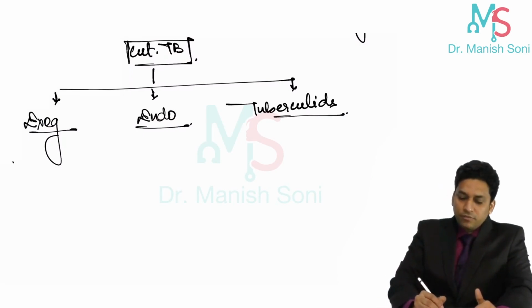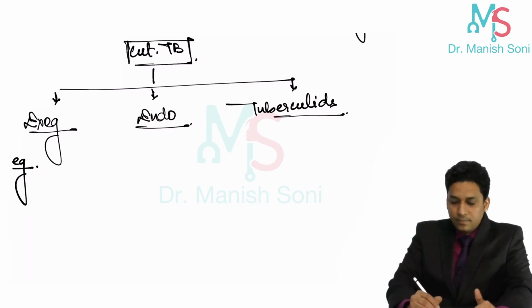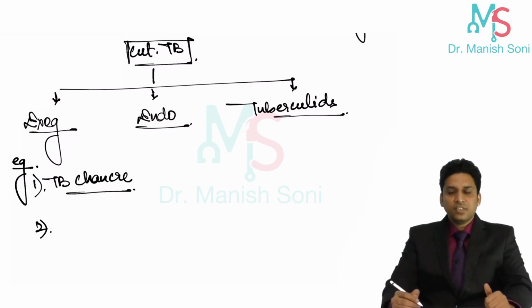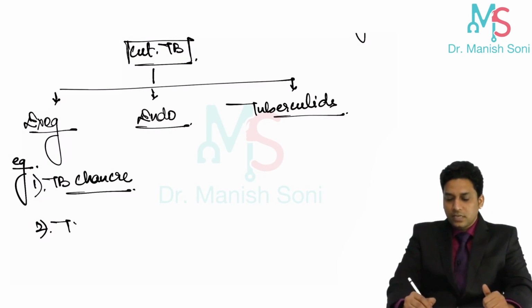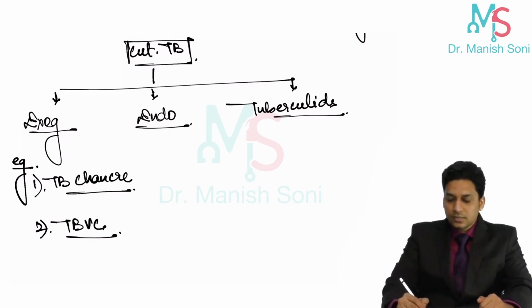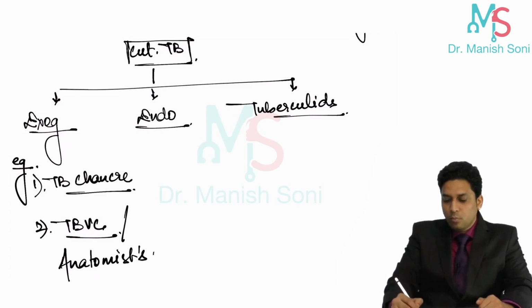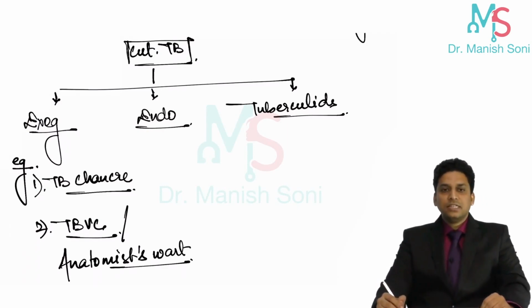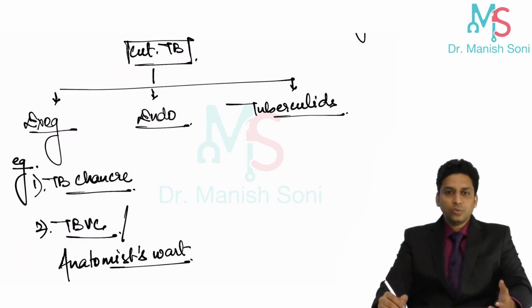Now, the examples of exogenous are tubercular chancre, and the second example is TBVC, that is tuberculosis verrucosa cutis, also known as anatomist wart.